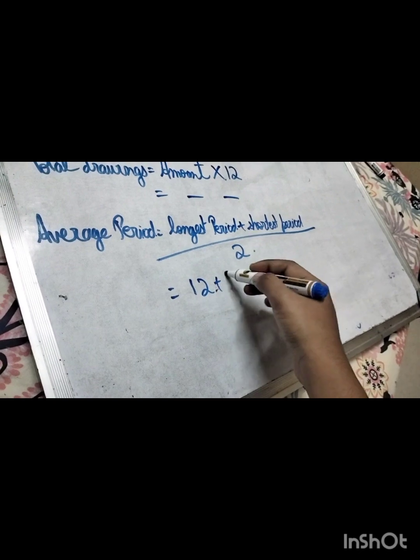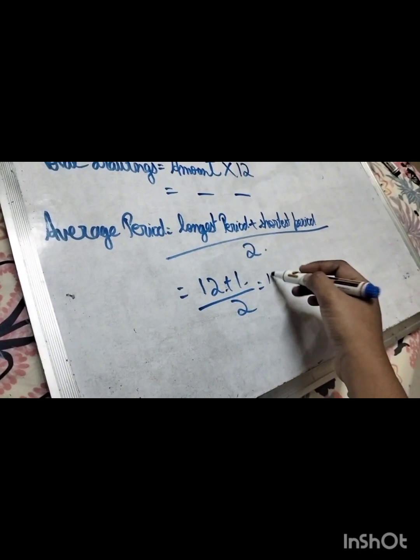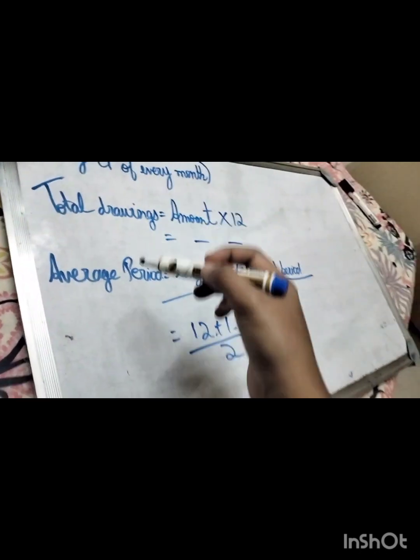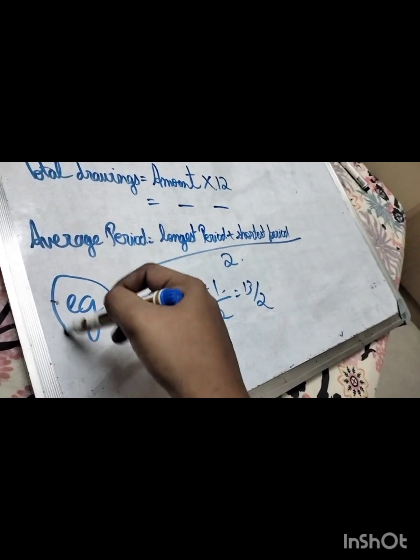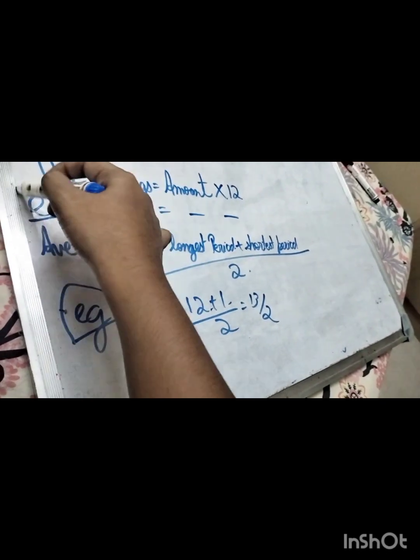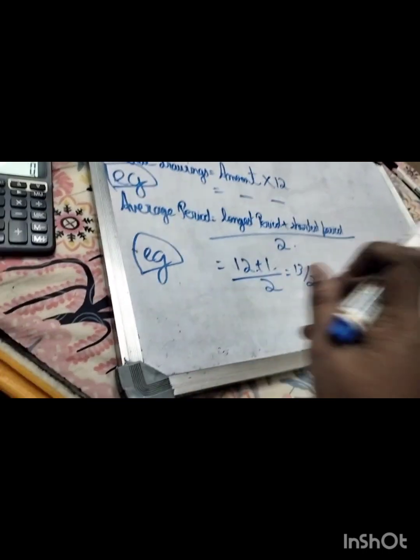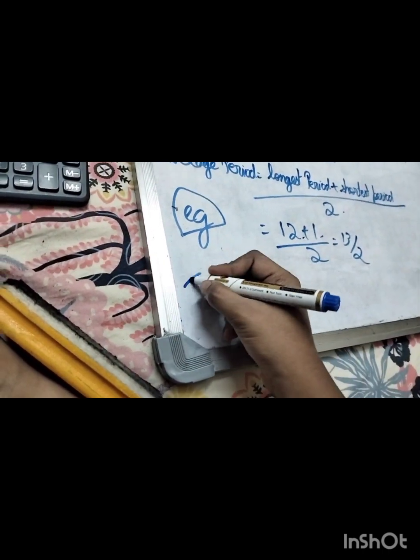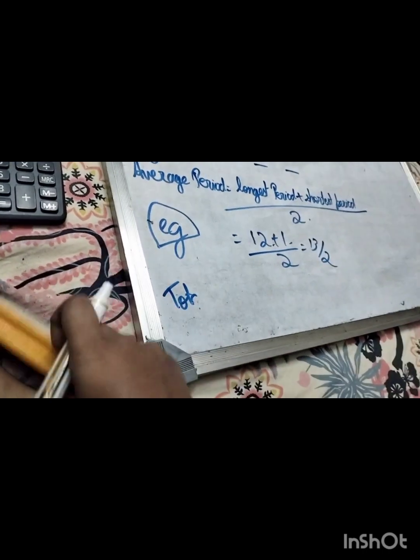If it's 12 plus 1 by 2, 13 by 2. Okay, so make sure this is just an example. You're supposed to write it like this for the examination, and then interest on drawings.